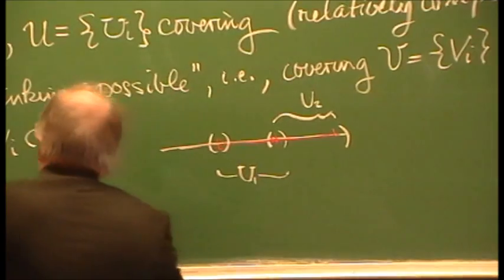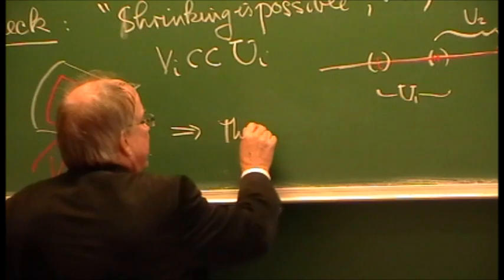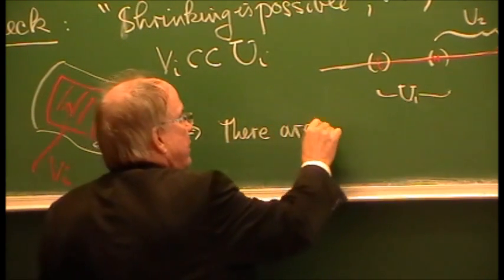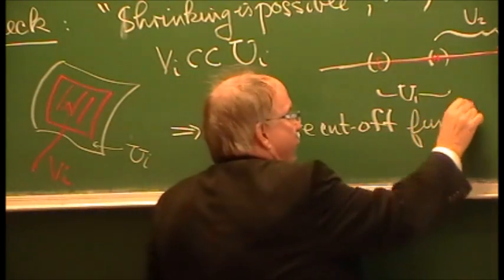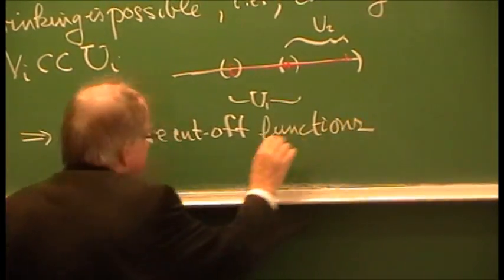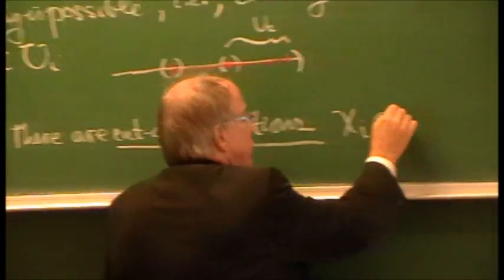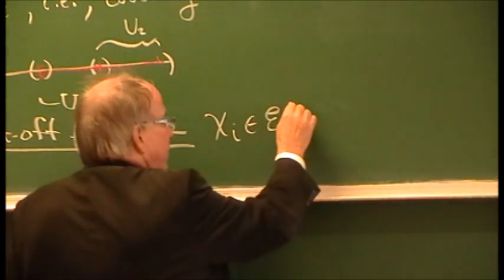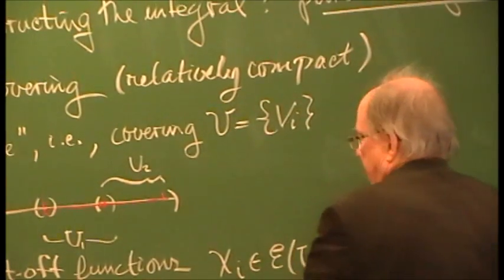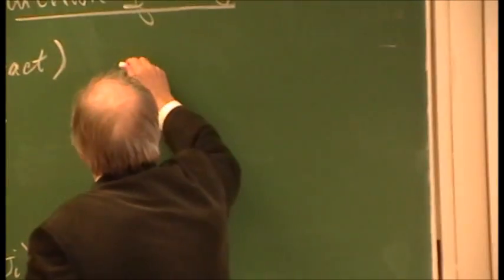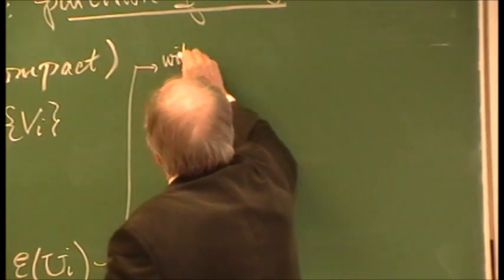That's of fundamental importance because this implies there are cutoff functions. I've talked about this before, I just wanted to re-emphasize it. There are cutoff functions, say chi_i, which are smooth functions on the big U_i, and they have the following property.